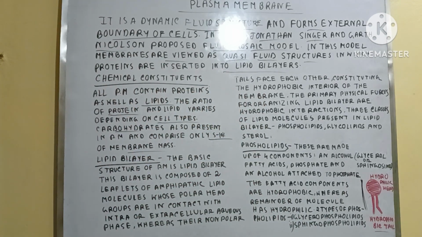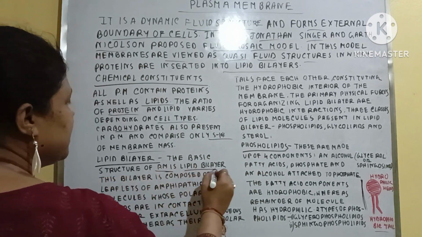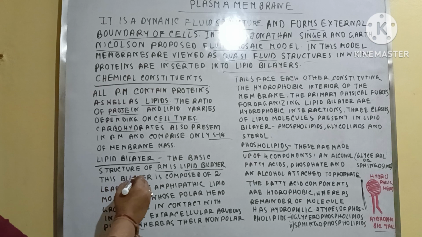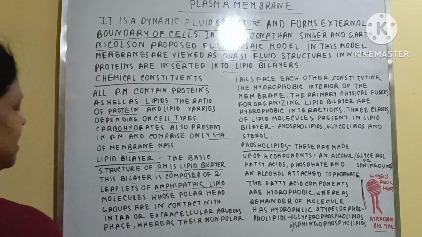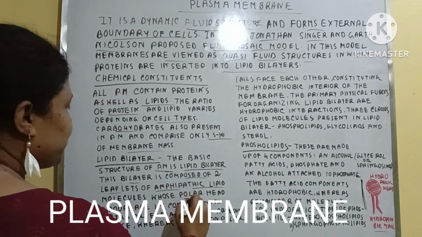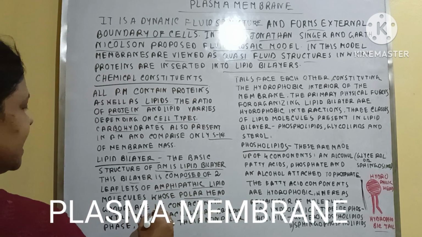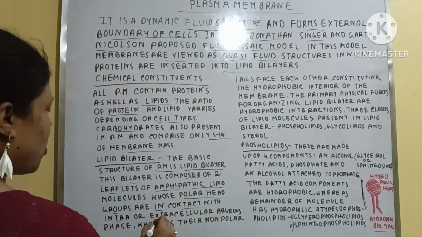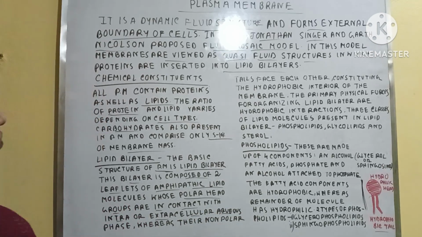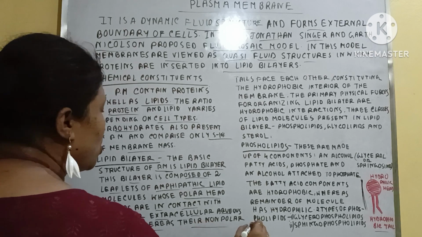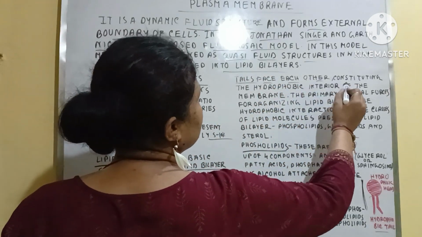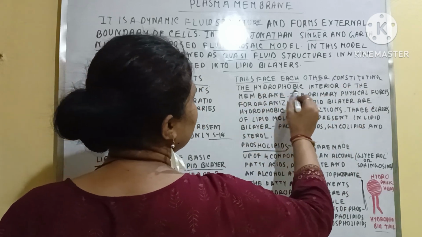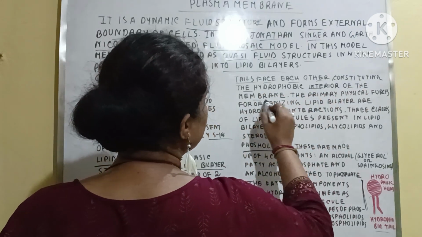Next, the lipid bilayer is the basic structure of the plasma membrane, and this bilayer is composed of two leaflets of amphipathic lipid molecules, whose polar head groups are in contact with the intra or extracellular aqueous phase, whereas their non-polar tails face each other, constituting the hydrophobic interior of the membrane.